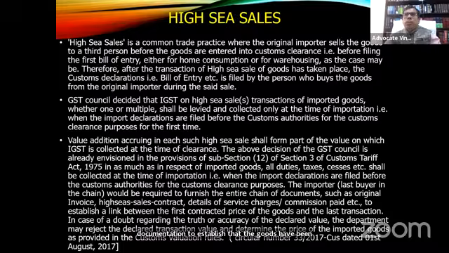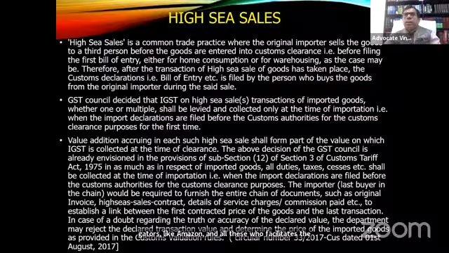Now the problem arises many a time in the current times, where people are selling goods through websites and aggregators like Amazon, which facilitate the sale transaction, and the sale takes place through courier.